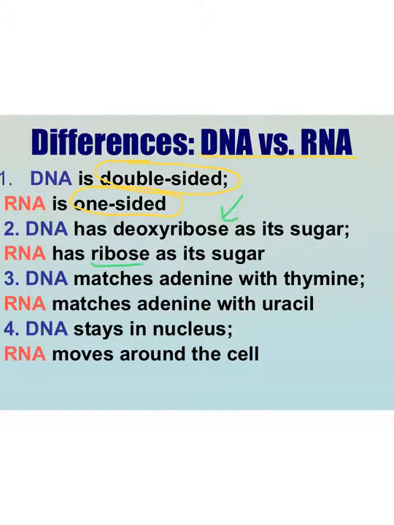In DNA, we have thymine that matches with adenine. In RNA, we have uracil, or U, that matches with adenine, or A. And last but not least, DNA, if we remember, poor little DNA is trapped in the nucleus where RNA can move around the cell. So those are your four main differences between DNA and RNA.